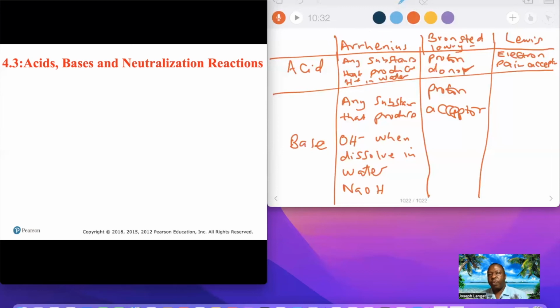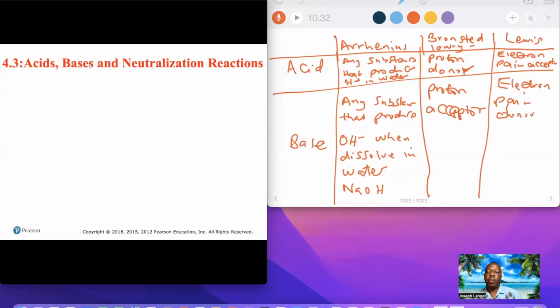You have got to be careful because in the quiz, in the exam, I may ask you the definition of an acid according to Bronsted or according to Arrhenius. Here, Lewis base is electron pair donor.